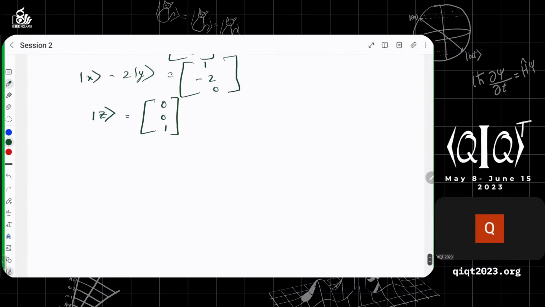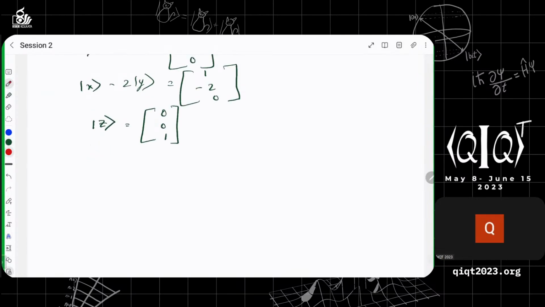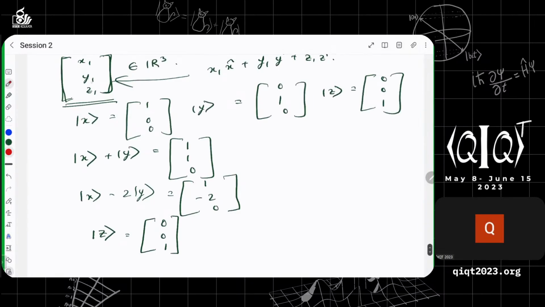Now I want to take a linear combination of these three to get to our x1, y1, z1, which is a general vector. So if we take x1 to be any real number, y1 to be any real number, z1 to be any real number, x1, y1, z1 is any vector in R3.